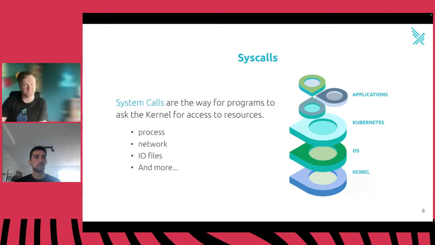And that's really from the lowest level of the system. The kernel operates below the operating system. So below the user level, you have this kernel, and that's the brain of the machine.